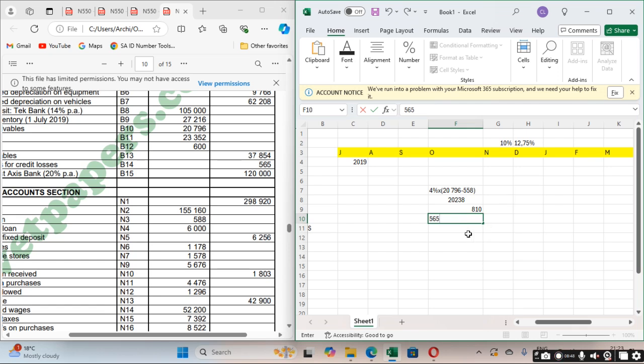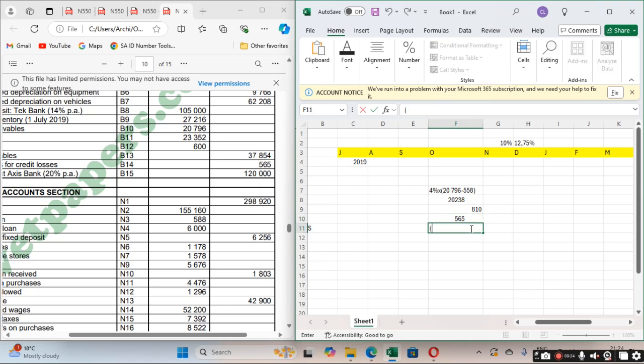Now, since our credit losses are increasing, our allowance for credit losses is going up, from 565 to 810. It means we're taking more money and putting it aside, so the difference is going to form part of our expenses.